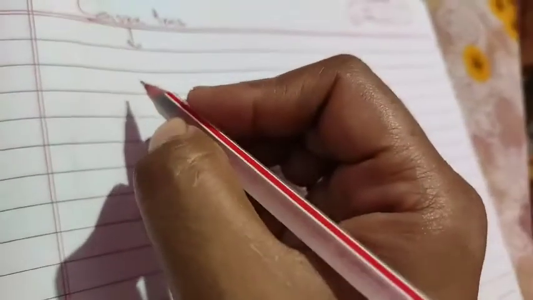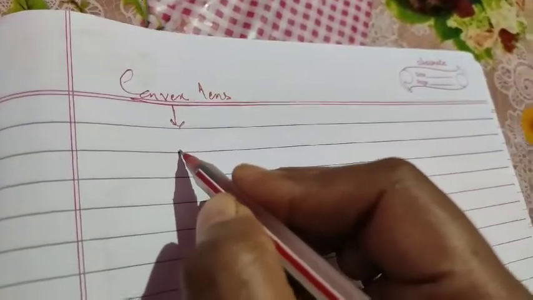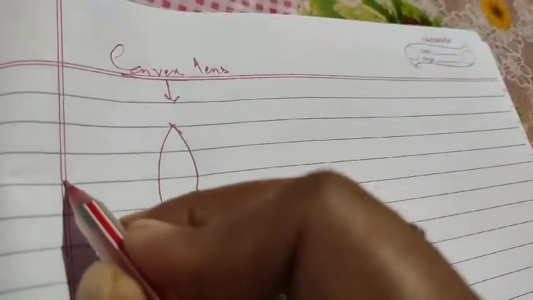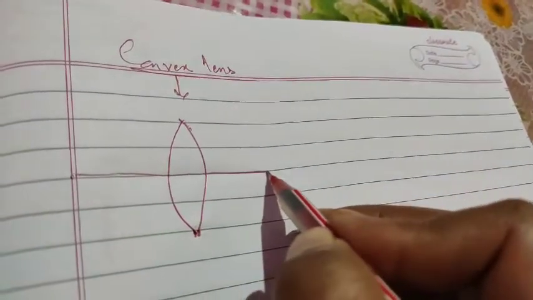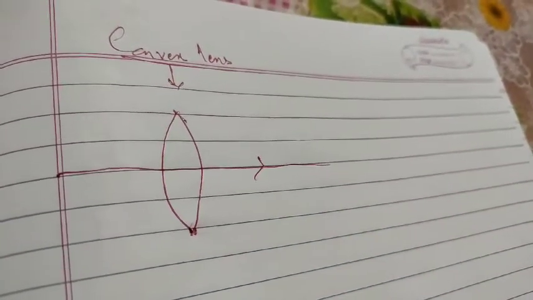Okay. To understand the convex lens, student, first we will draw the concept of the ray diagram. Okay, ray diagram concept. Suppose I will take one convex lens, student. Okay, this is the convex lens which you have to remember. Now we will follow the rules. A ray of light passing straight through a lens goes without bending.